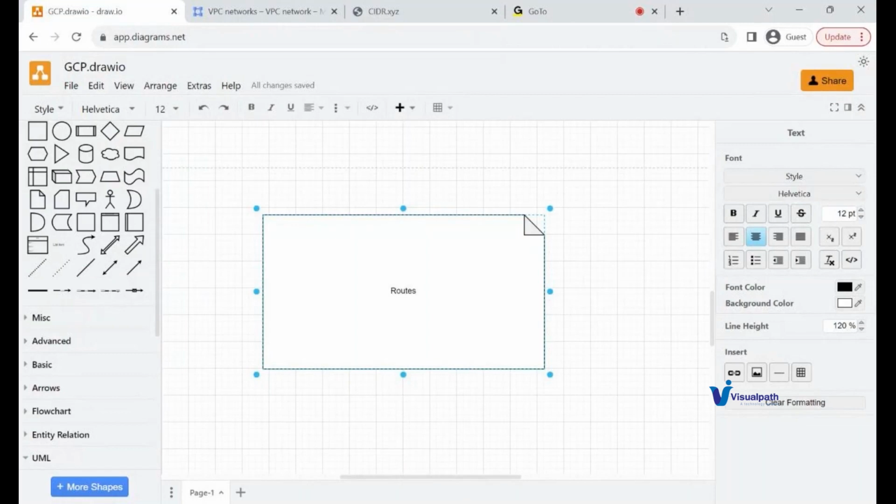Now, how can you identify those subnets? Do you have an answer to that? Anyone? No? Okay, so that is where you need to understand the configurations.